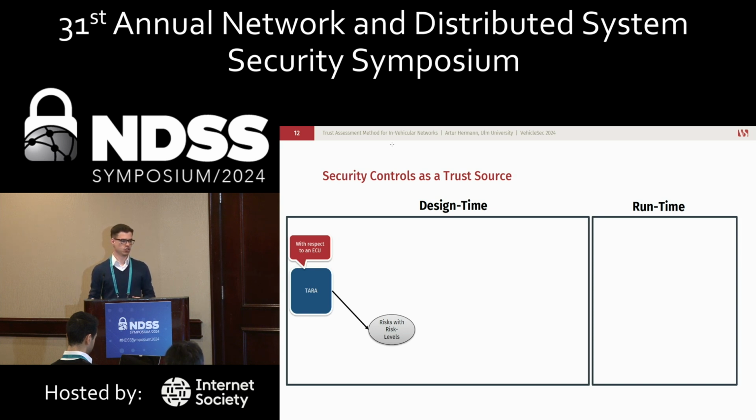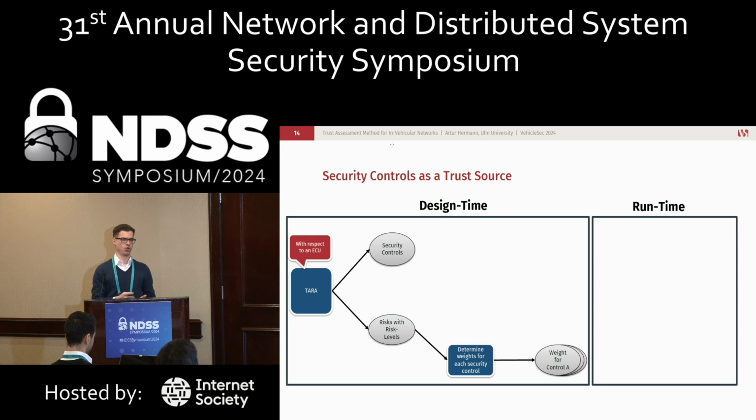In addition, the security controls are determined to mitigate the risks. For each risk, the risk levels are also provided, which describe how severe the risk is. Based on these risk levels, weights are calculated for each security control, which define how important these controls are.